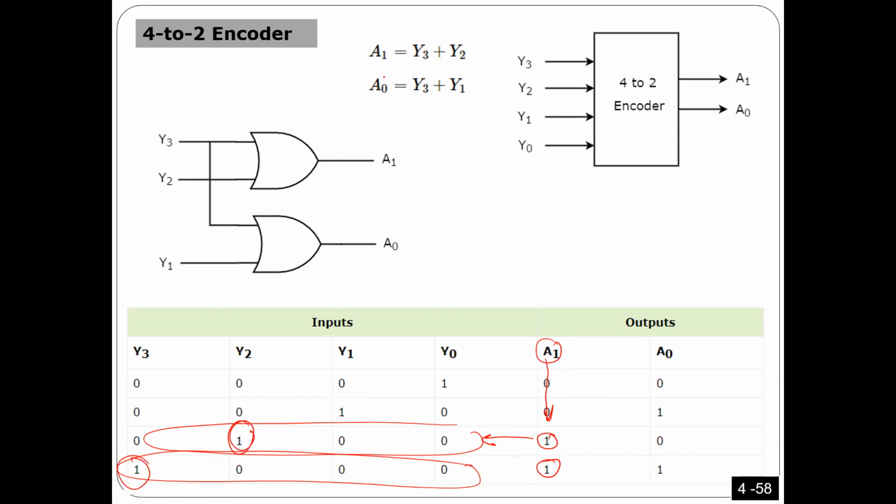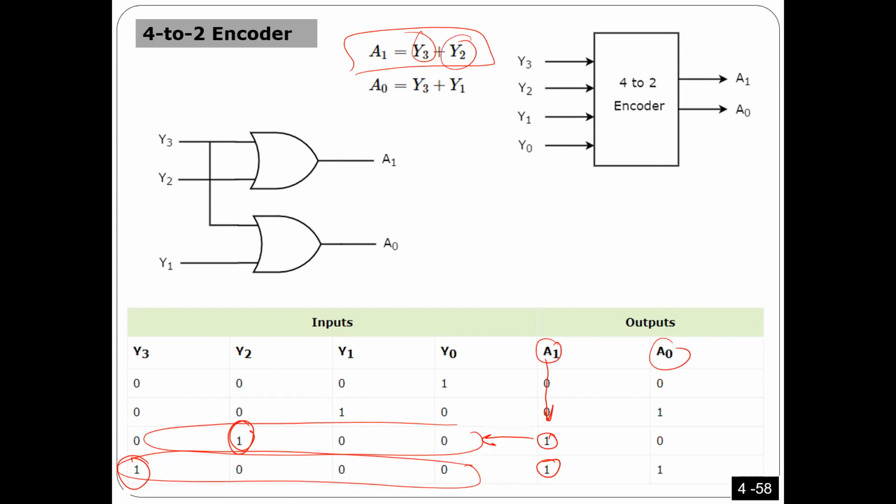Sorry, this is E1, and E0 is here. So E1 is Y2 or Y3. That means A1 should be 1 when Y2 is 1 or Y3 is 1. If any one of them is 1, A1 should be 1.